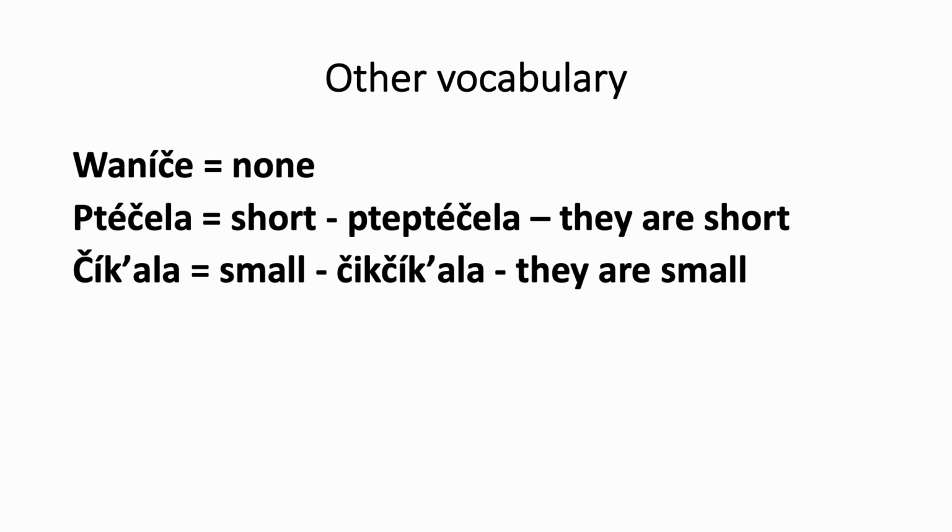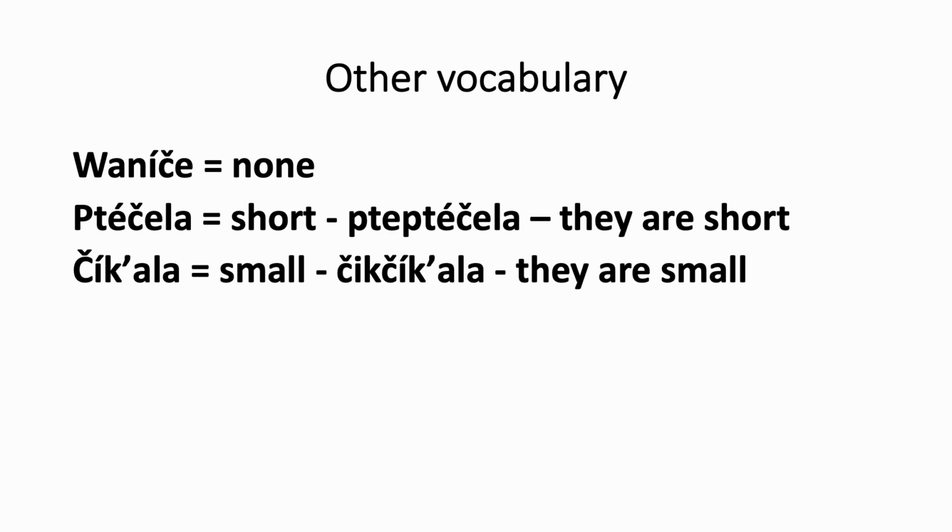So we're going to use some other vocabulary. Waniche. Waniche is none. And ptechela, we know from the last lesson, describing animals with horns, ptechela is short. We reduplicate it for things that are short, inanimate. So ptechela. And now we're going to introduce chikala.